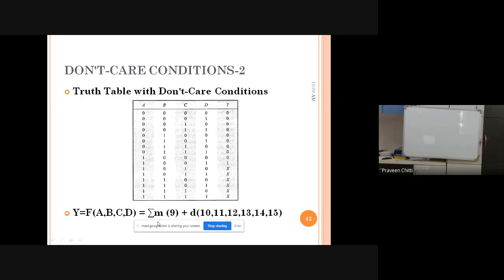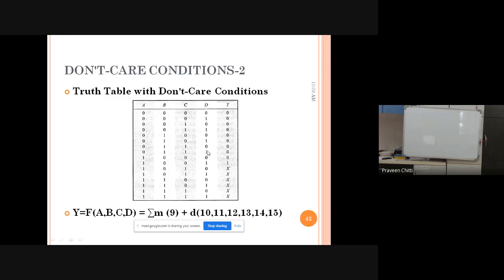Sigma m, which is the minterm that produces output 1. Only 9. Only one minterm produces output 1. Plus d. You can write summation d, or only d, 10, 11, 12, 13, 14, 15. This is the SOP expression for the given truth table, which contains don't care also.